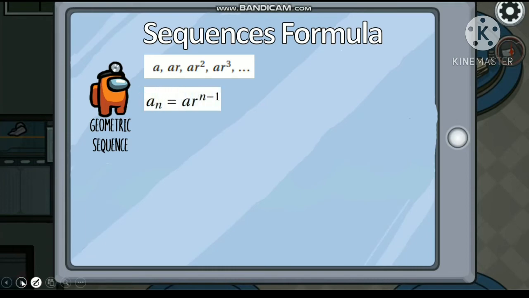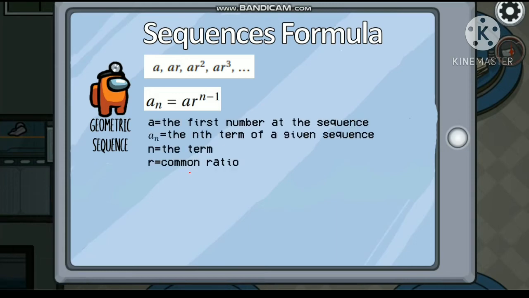And the formula is an equals ar to the power of n minus 1. It's the same with the symbols of the arithmetic sequence, but the difference is we change the common difference with common ratio.